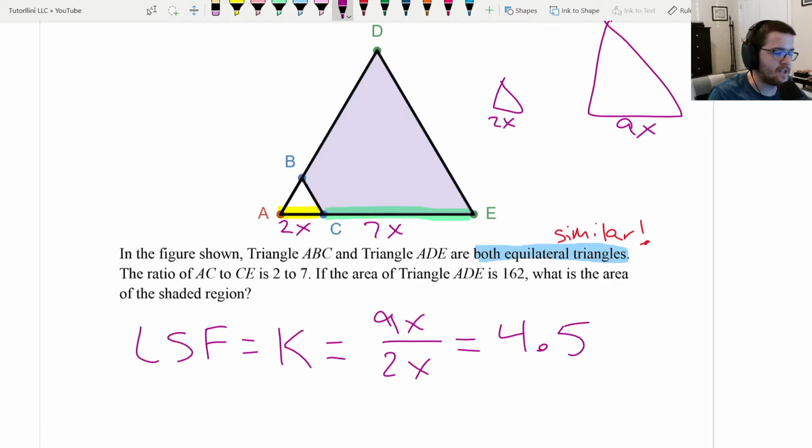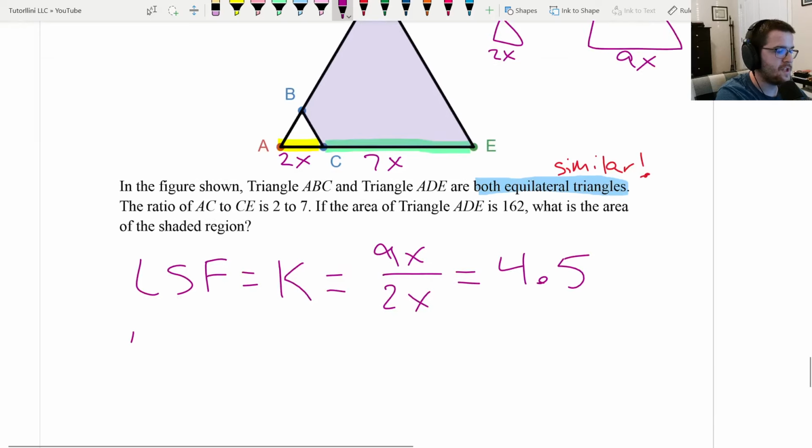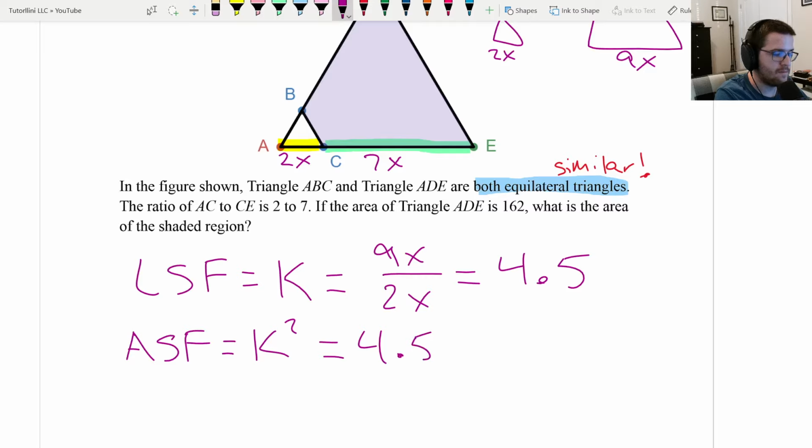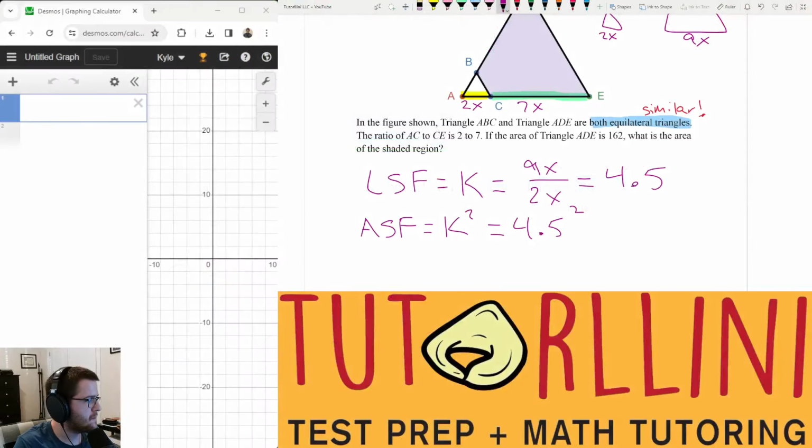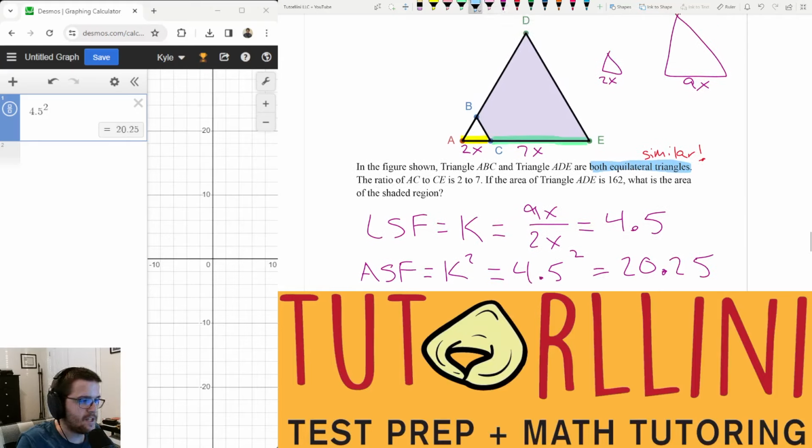Now this question's asking about area, so we need to compute the area scale factor, which is k squared, which is 4.5 squared. And let's start including Desmos in the mix here. So 4.5 squared is 20.25. So the area scale factor is 20.25. They gave us ADE, which is the bigger one.